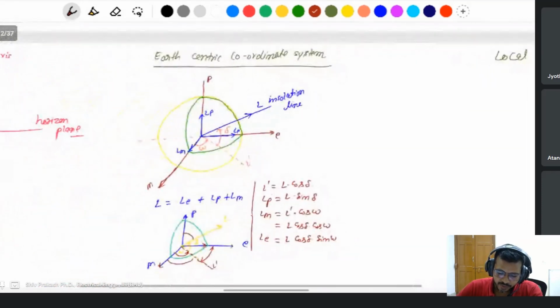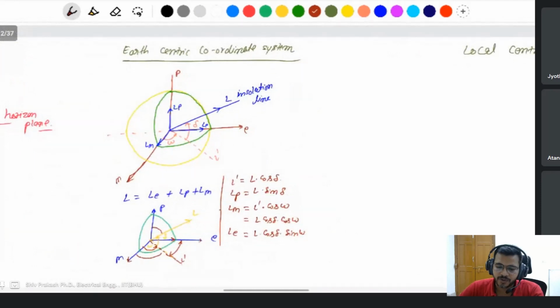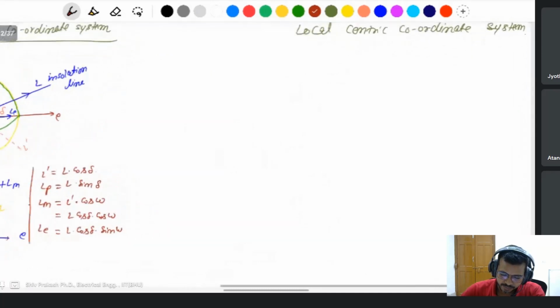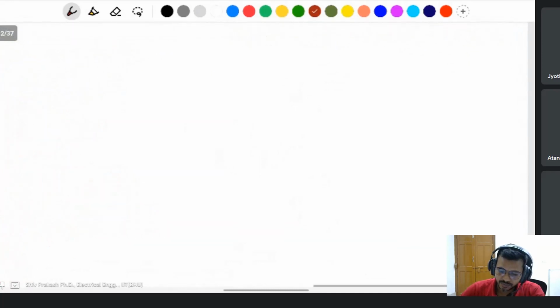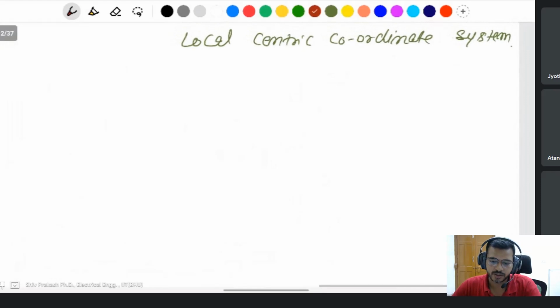Same thing, but when the solar panel is placed on the surface of the Earth, it is known as the local centric coordinate system. This is only the center of the Earth. This angle is made at the center of the Earth, but the panel is placed on the surface of the Earth.